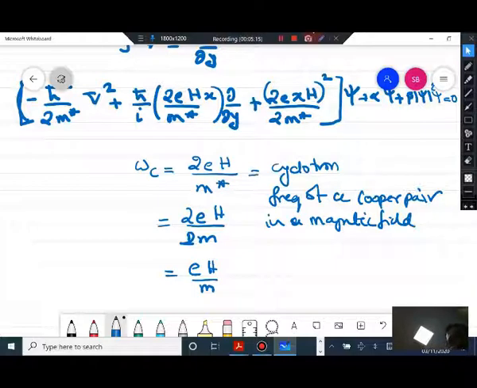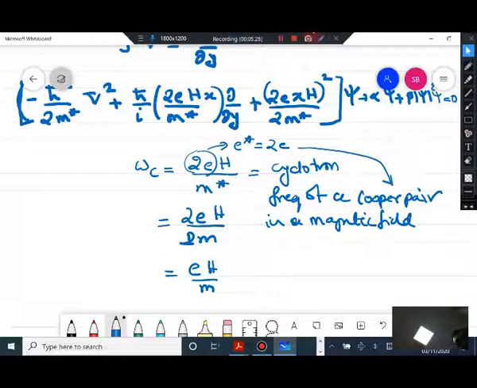You can also write this with a charge e star, where e star is twice of e, the charge of a Cooper pair. So omega c is essentially the cyclotron frequency of a Cooper pair.